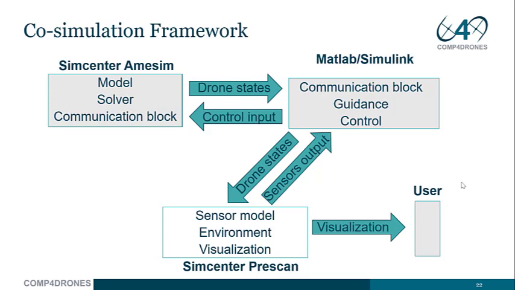So how does it work? Simcenter Amesim computes the drone state variables like positions and attitude. It communicates them to MATLAB Simulink, which also receives the sensors' output from Prescan.